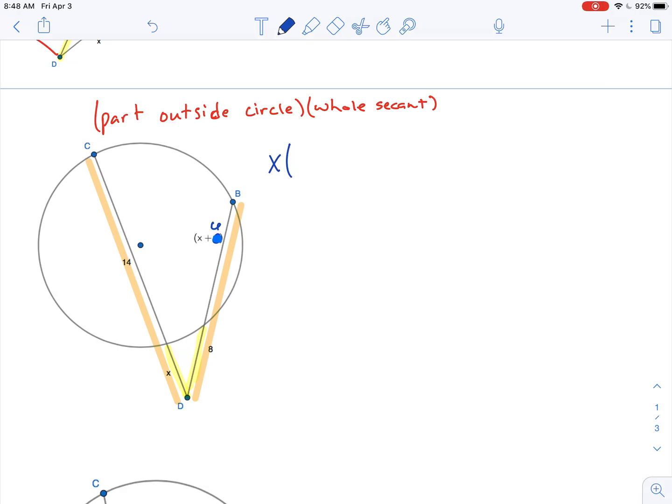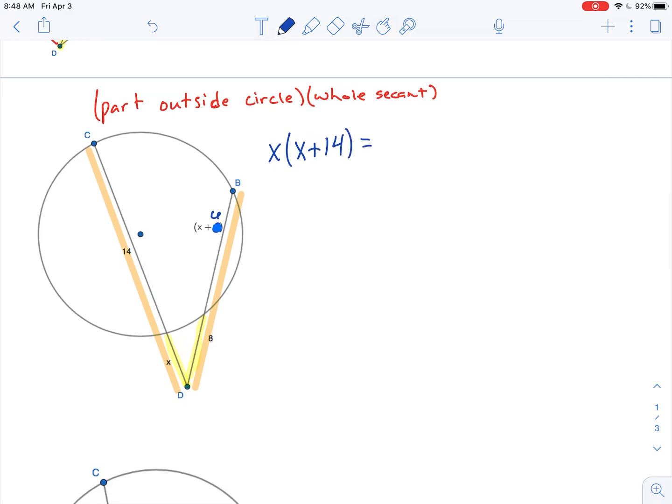So similarly, here, the part outside the circle is x on the right, on the left, x, and the whole secant, I add those 2 pieces up, just add x and 14. And I'll set that equal to the part outside the circle times the whole secant. That would be 8 plus x plus 6.